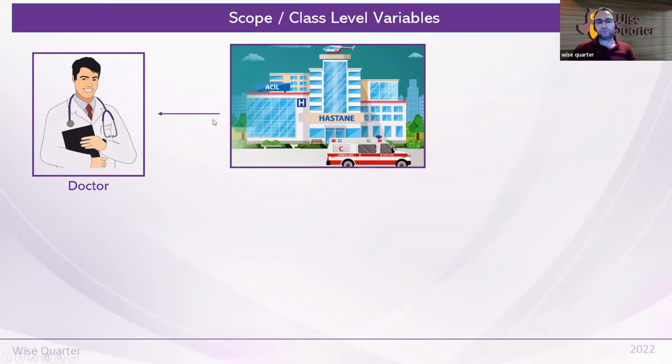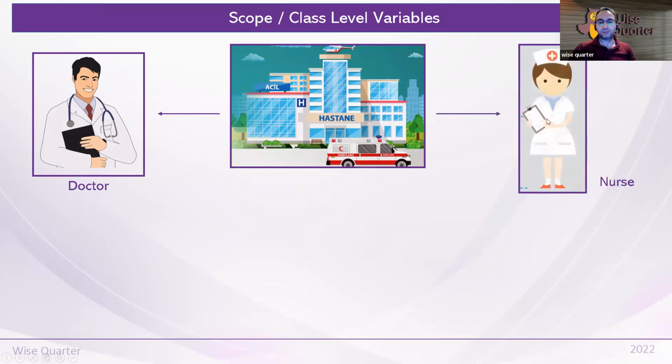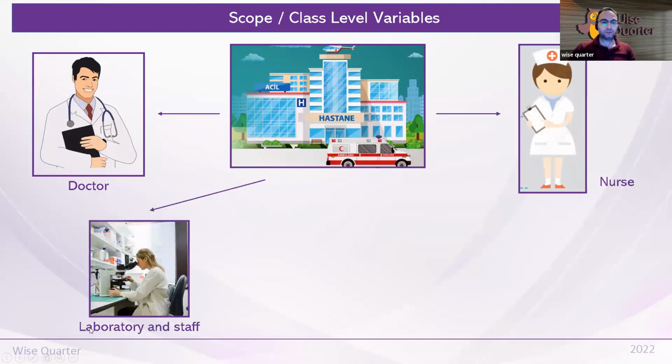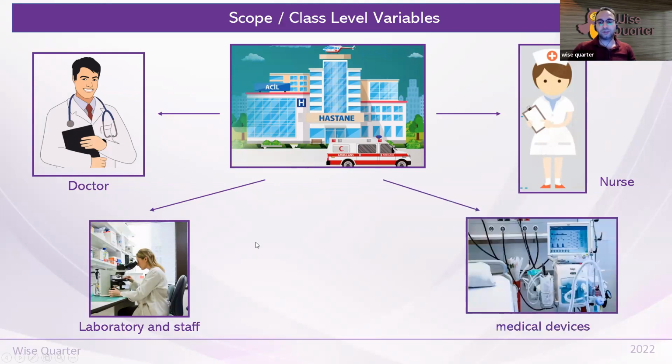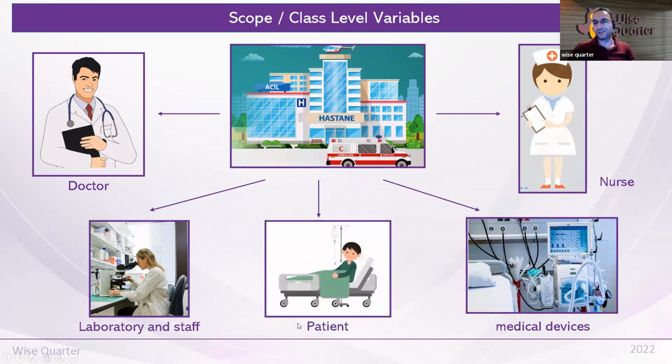In a hospital, there will be a lot of doctors, of course, nurses, laboratory workers, and some staff, and also a lot of medical devices, and of course, patients. When we include all of them in the application, we can say we are creating a hospital project.